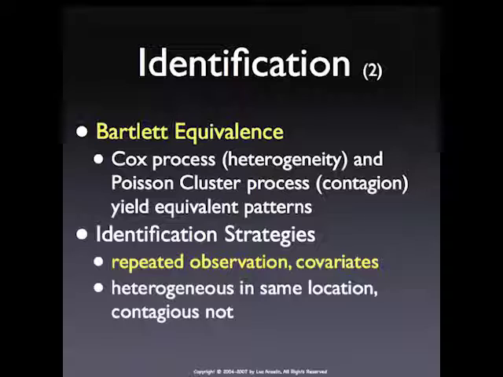But it's not that simple. You can't take it for granted that you have repeated observations. We are bringing additional information into this process. Specifically, we're bringing time into the analysis. Contagion is a dynamic process, so if you bring in the time, then you can see the dynamics of the contagion. Heterogeneity doesn't have to be dynamic.